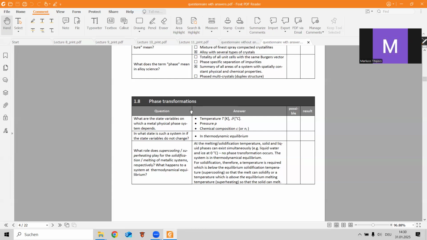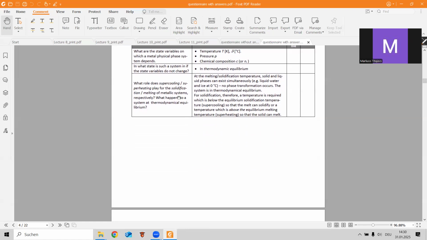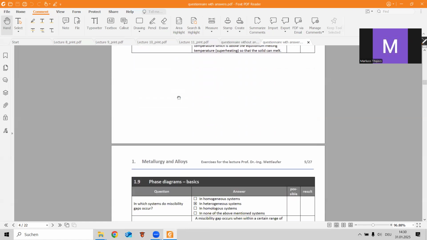For instance, liquid water and ice at 0 degrees: no phase transformation occurs. The system is in thermodynamic equilibrium. For solidification, therefore, a temperature is required which is below the equilibrium solidification temperature, supercooling, and for melting a temperature which is above the equilibrium melting temperature, superheating.